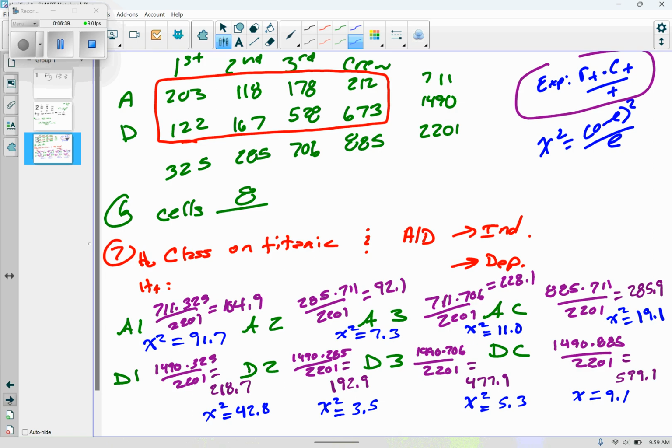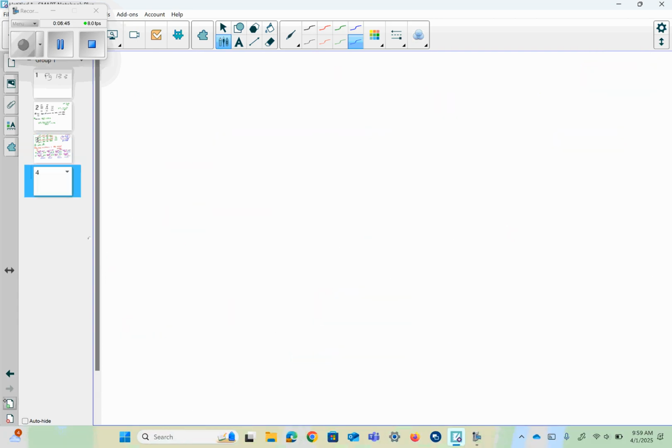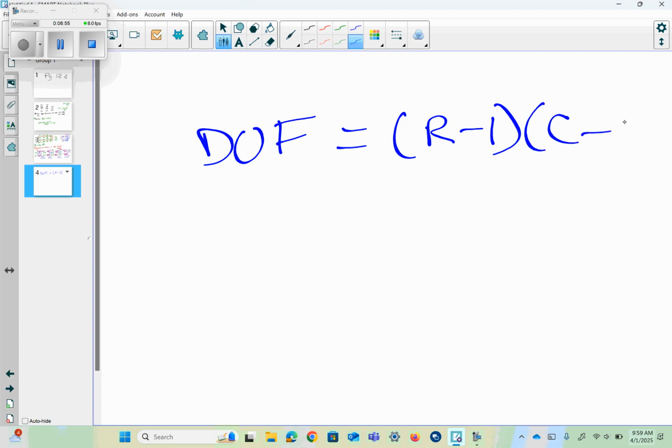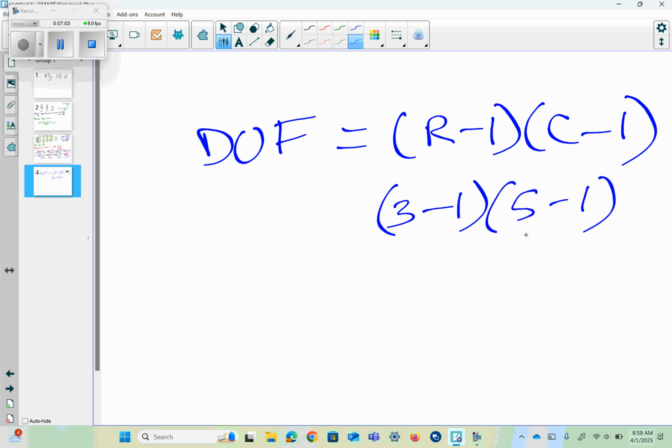All right, so the degrees of freedom for these is going to be rows minus 1 times columns minus 1. So in this case, we have 3 rows minus 1, 5 columns minus 1. So 2 times 4. So we have 8 degrees of freedom.